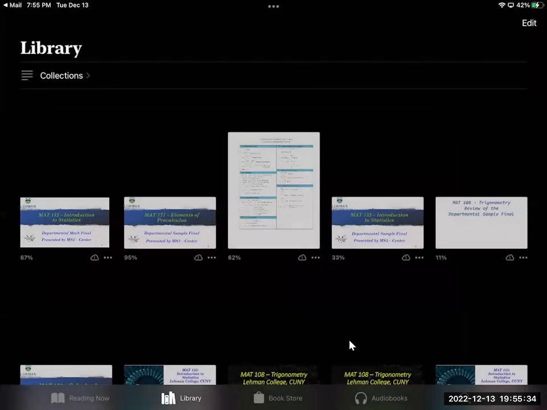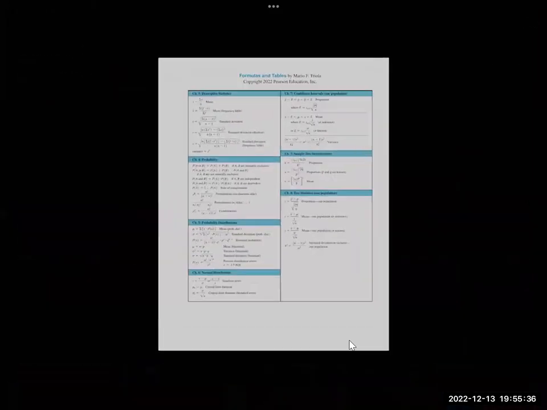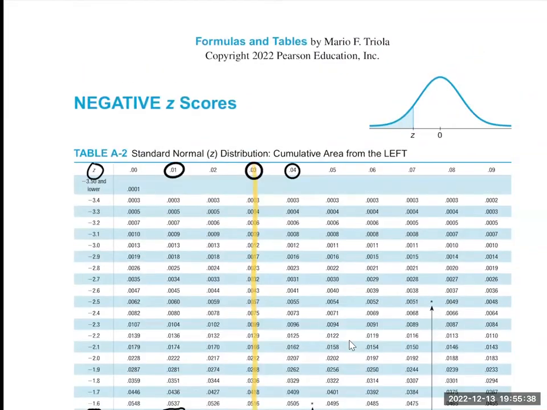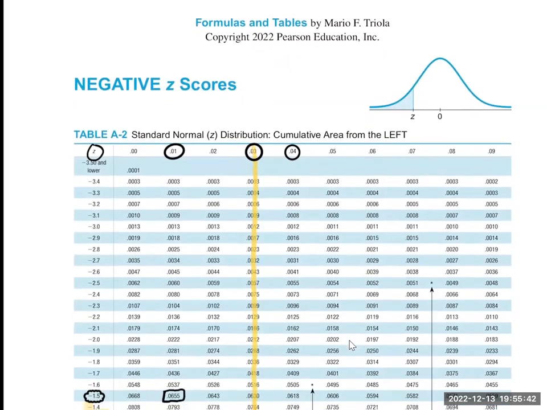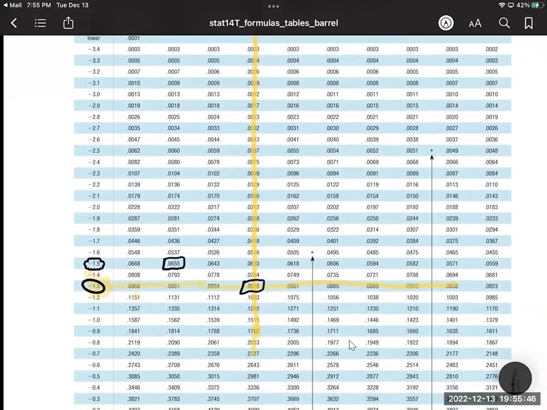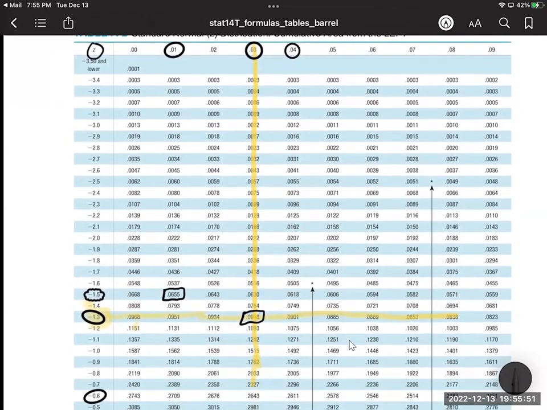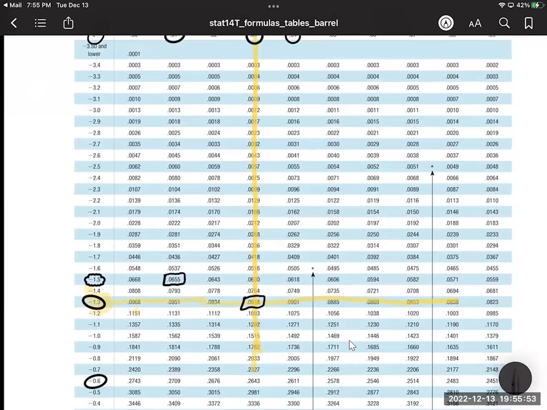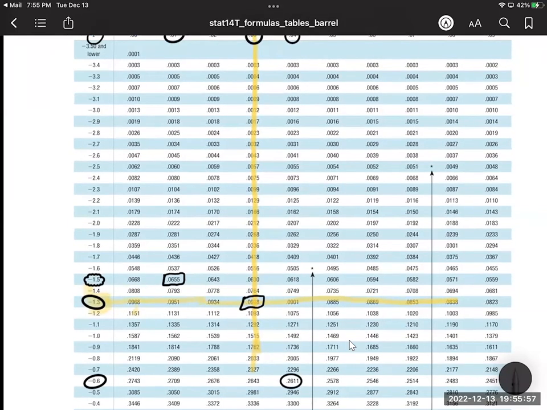Sadia, you're probably right, but I'm just gonna double check. So the z-value was negative 0.6, and it ends with a 4 again. So negative 0.6 is here. The 0.4, looking at when it matches with the negative 0.6, it meets at 0.2611. So that will be your probability.